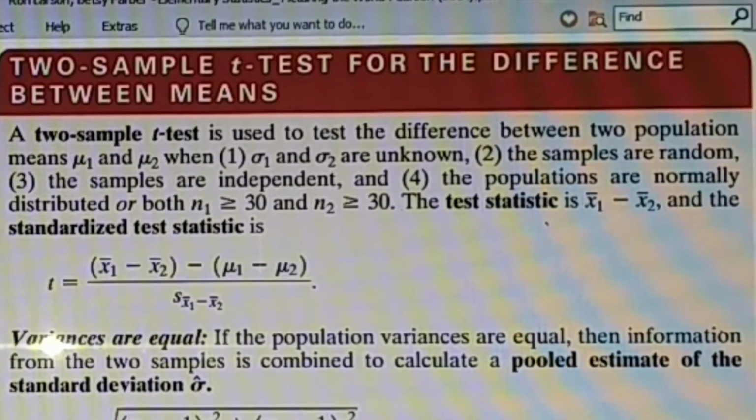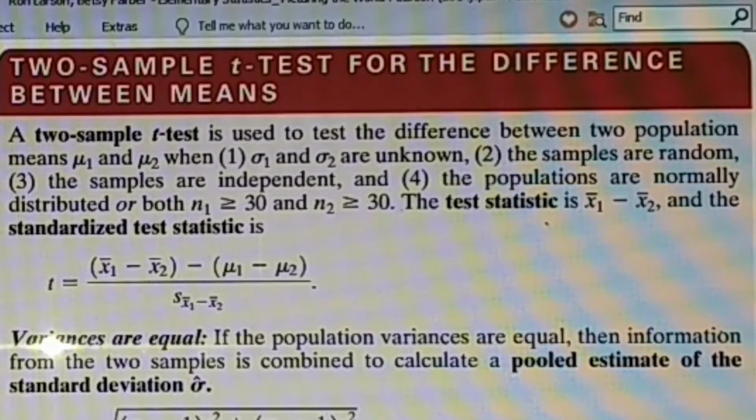The test statistic is x bar sub 1 minus x bar sub 2, and the standardized test statistic is described by this formula.